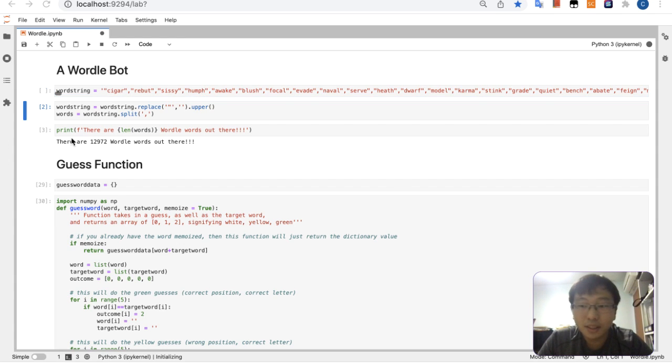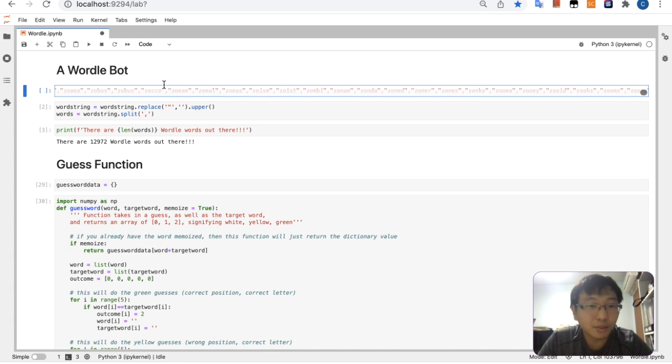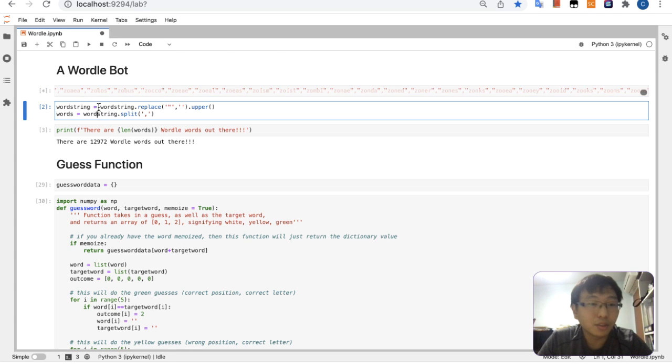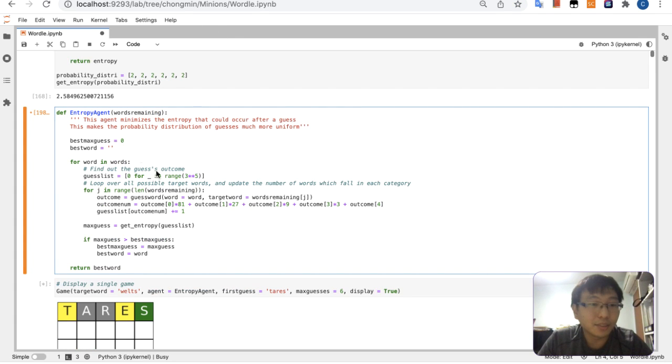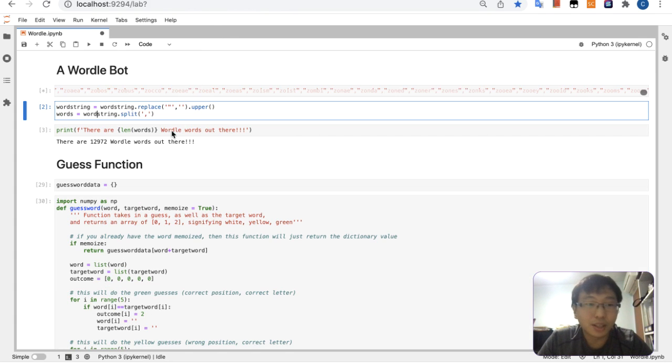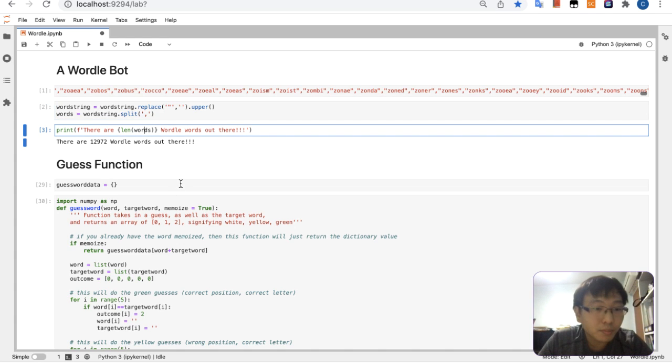Can you see this? I hope you can see this. So I basically ran it on another server. This was the server that died, so I run it here. I hope it will be okay. Okay, so it looks like this can work.